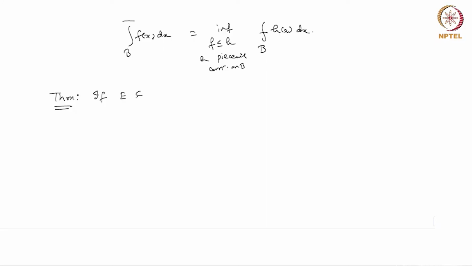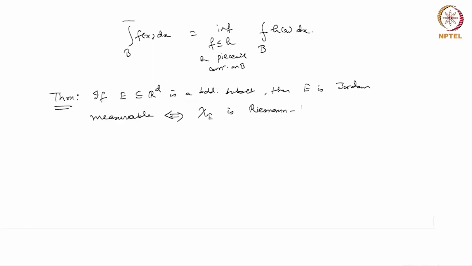If E is a bounded subset of R^D, then E is Jordan measurable if and only if chi E is Riemann-Darboux integrable, which is the same as saying that if E is sitting inside a box B, then the Riemann-Darboux integral of chi E(x) dx over this box B exists.